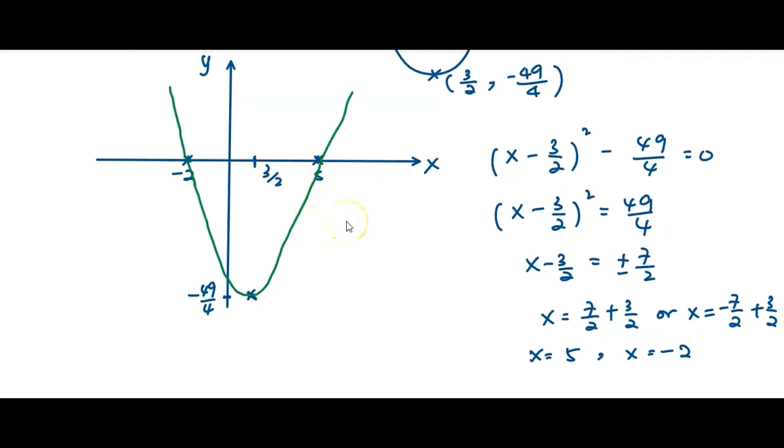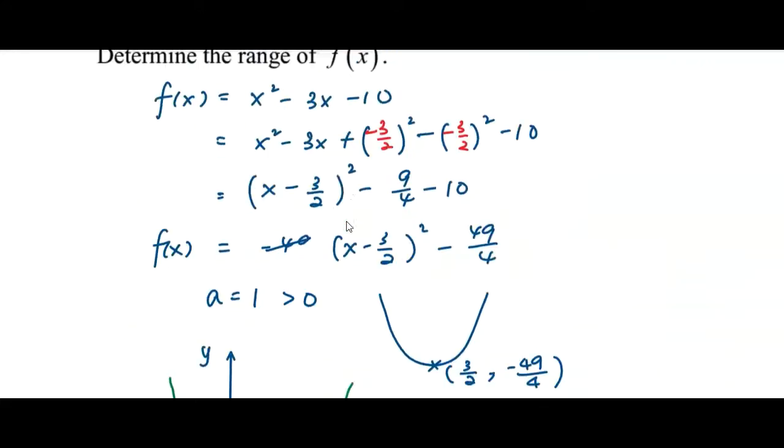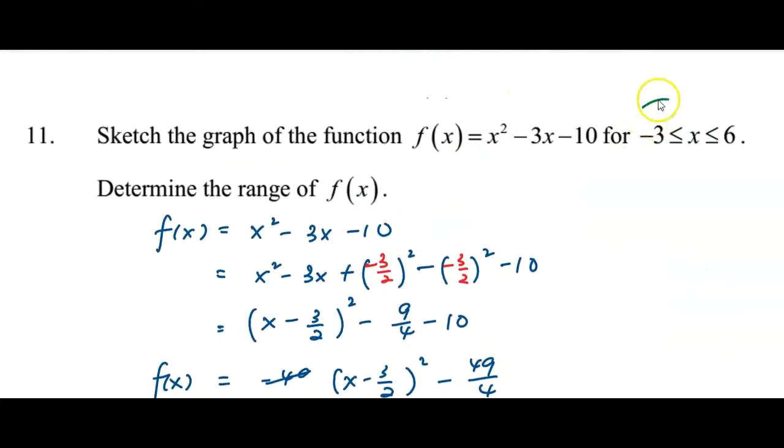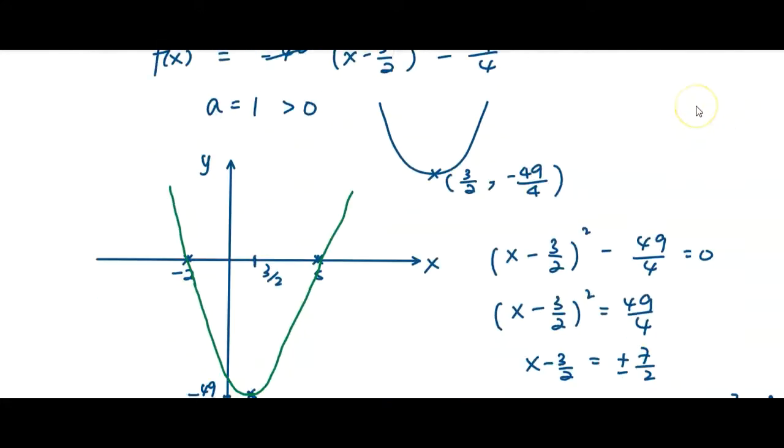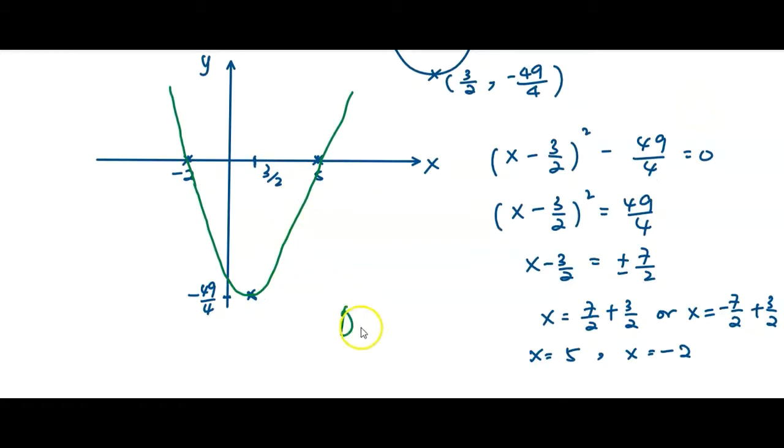All right, this is not yet our y equals to f(x), because for this question, the domain given here is from -3 to 6. So we are going to sketch the graph from -3, roughly here, and up to 6.